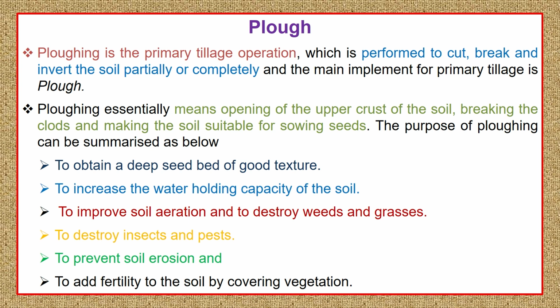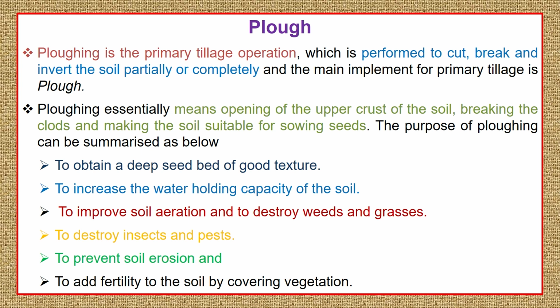Ploughing essentially means opening up the upper crust of soil, breaking the clods and making the soil suitable for sowing of seeds. The purposes, which were also discussed while talking about objectives of tillage, are summarized as follows.